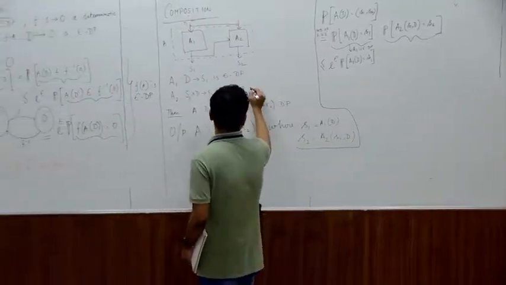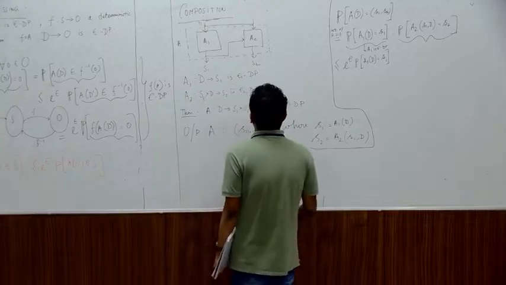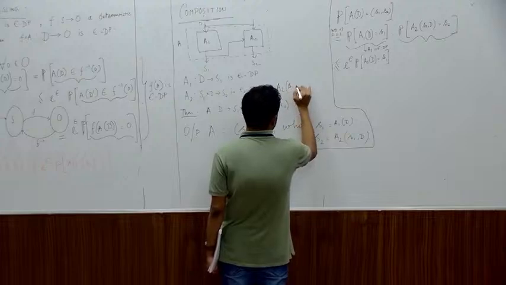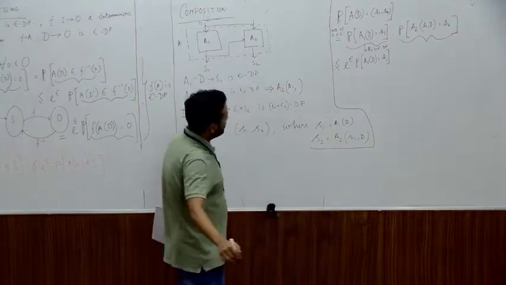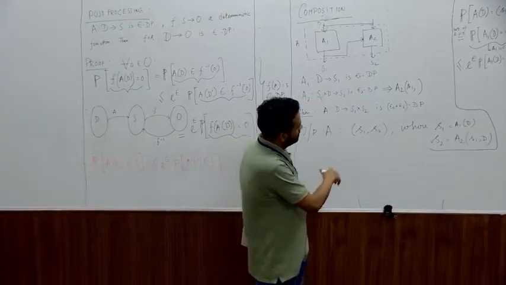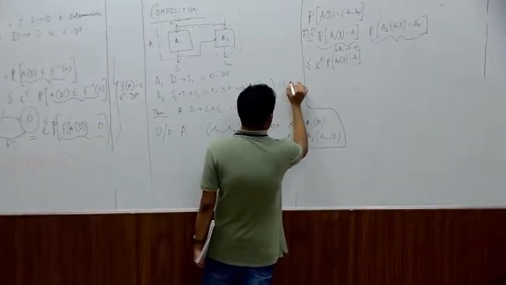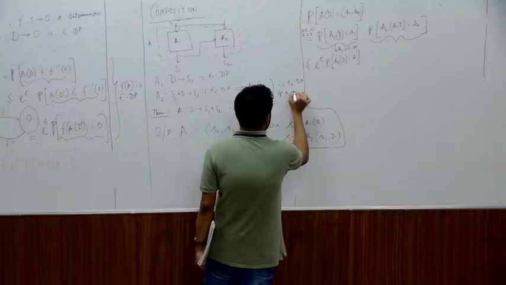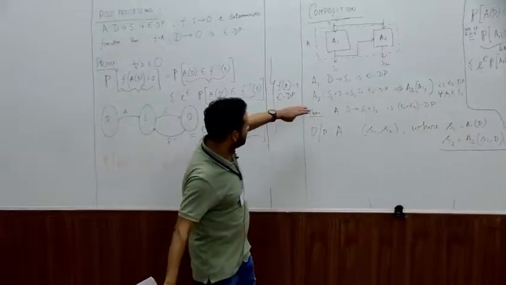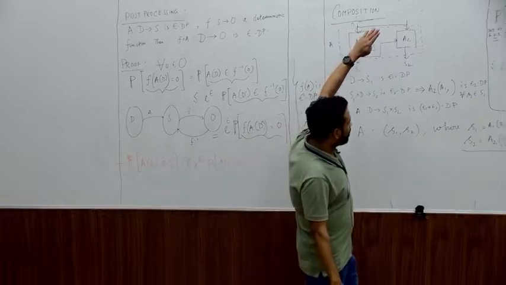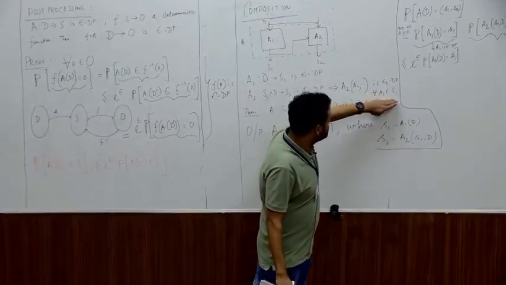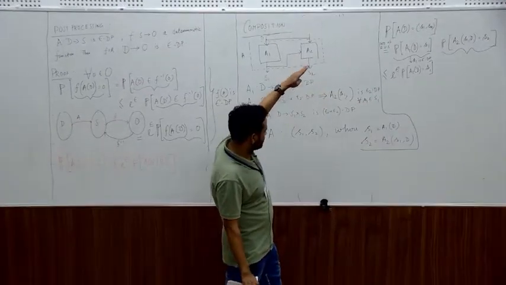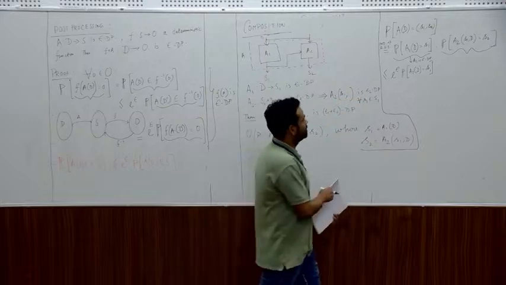What does this mean? For each s1 in capital S1, A2 is DP. This is what we are basically hypothesizing. For all small s1 in the output space of algorithm A1, A2 is epsilon 2 DP.